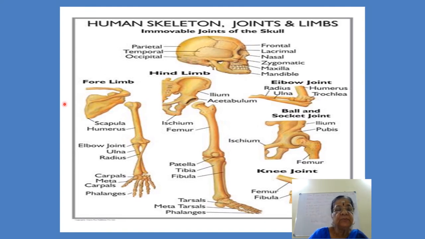Okay? Similarly in the fore limb, this is the collar bone, scapula, humerus, radius and ulna. This is getting attached. Elbow joint, this is a hinge joint. Next we will study, this is fitting into this. Look here, this head portion is fitting into this. This is called the ball and socket joint. I hope you understand. Whereas this is the elbow joint.